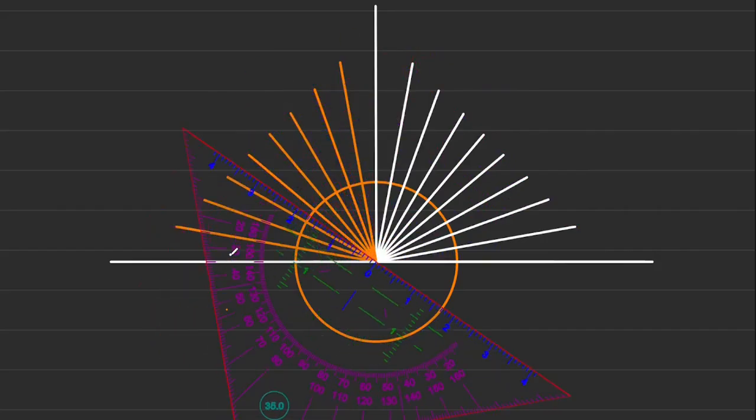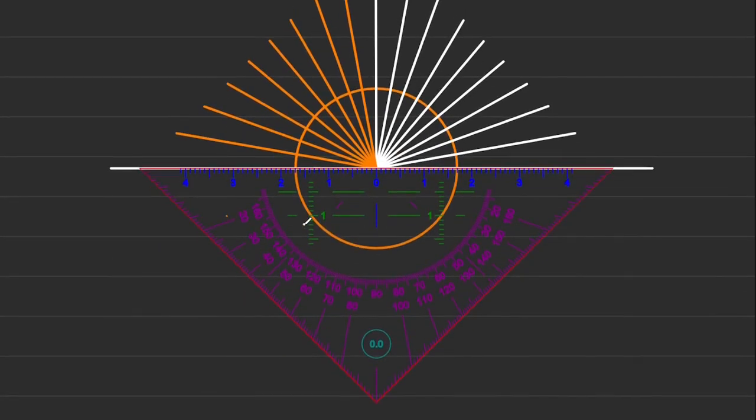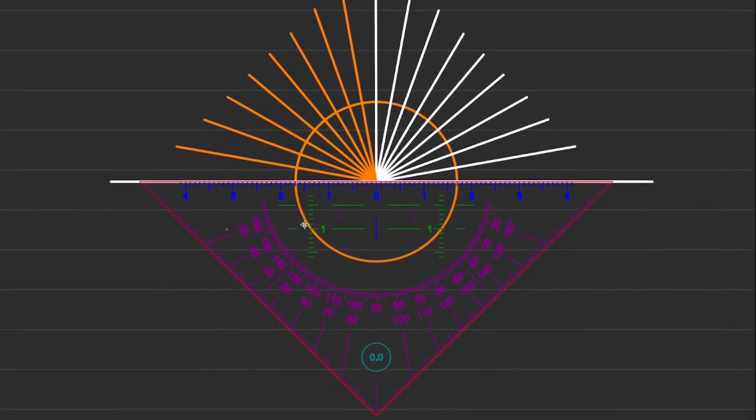Now, this very last one, or last but one, is what we call a reflex angle. For a reflex angle, it spans all this region. What do I mean by that?